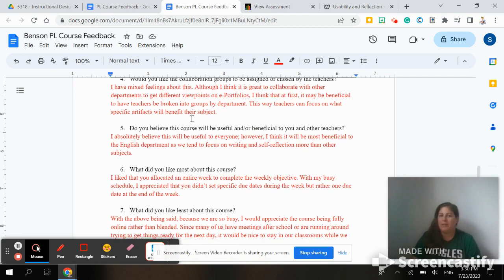But at first, it may be beneficial to have teachers broken into departments so that they can focus on what specific artifacts will benefit that subject. And I said, oh, okay. So again, I used that and tweaked it so that in the first couple weeks they focus on just departments, and then later on in weeks 4 and 5 they break out outside.